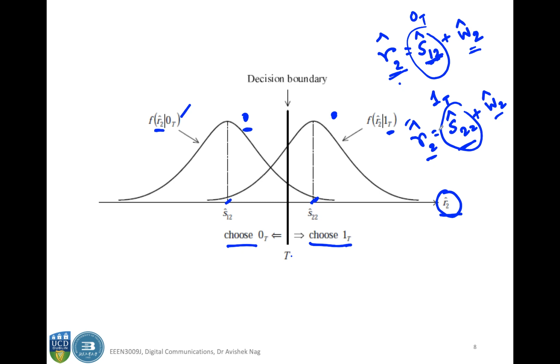So this we have already established in the previous lectures. Therefore, when you draw the PDF for the 0 transmission case, you have S12 hat as the mean of the Gaussian distribution, and for the 1 transmission case you have S22 hat as the mean. Okay, so far so good.